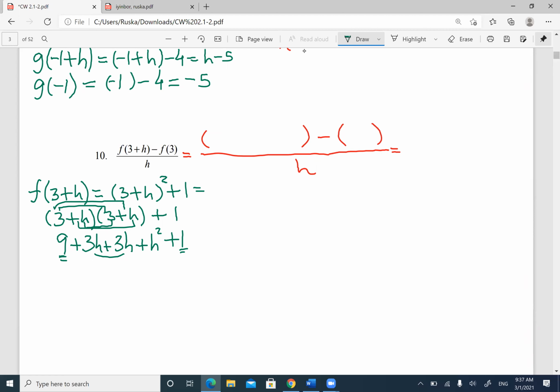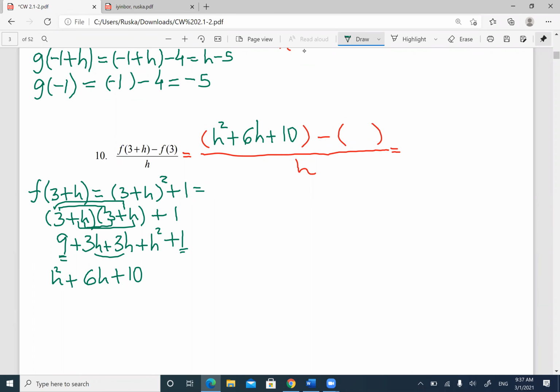So what you have is h squared plus 6h plus 10. So I'm going to copy that here, h squared plus 6h plus 10. Okay? So this was f of 3 plus h.